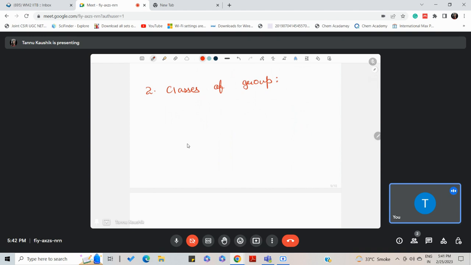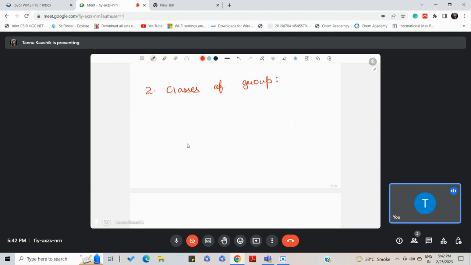So why do we classify these symmetry operations? Because symmetry operations of a group can be classified according to their symmetry properties. So the symmetry operations of the same symmetry properties will be in the same class.